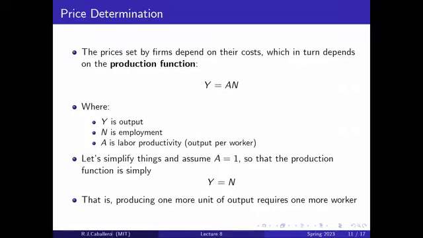Then we wanted to go from wages to prices, because the ultimate goal was to bring inflation into the picture. And for that, we introduced a production function, because in particular, we made output a function of employment. And that very naturally will connect wage pressure to price pressure, because you need labor to produce output.